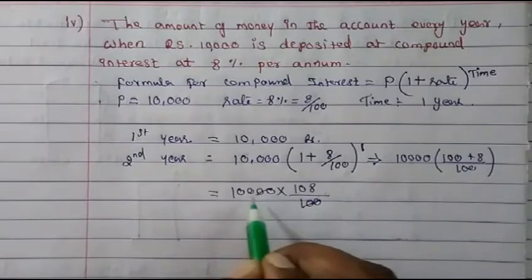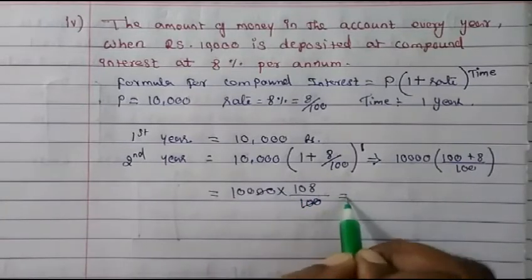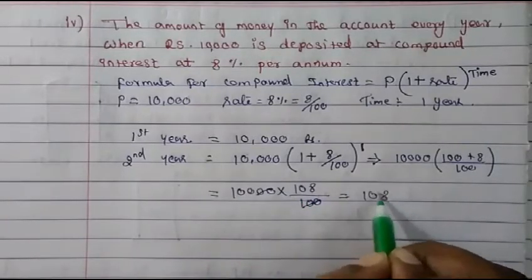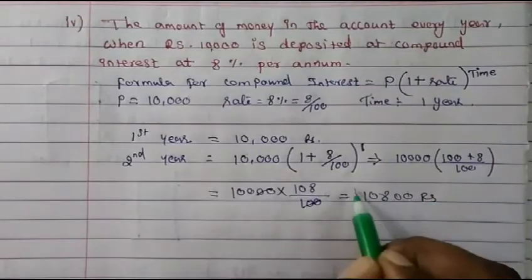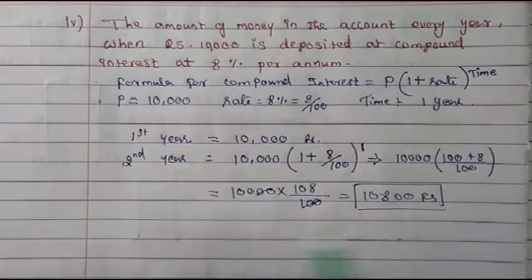So 100 gets cancelled. When you multiply, we will get 10800. So this is the rupees we are getting in the following year.